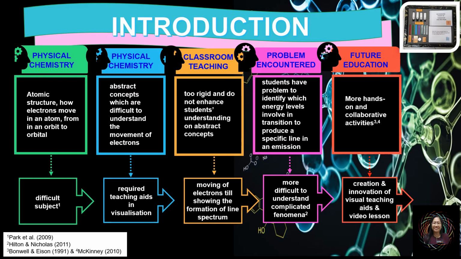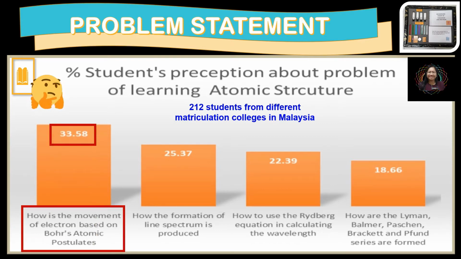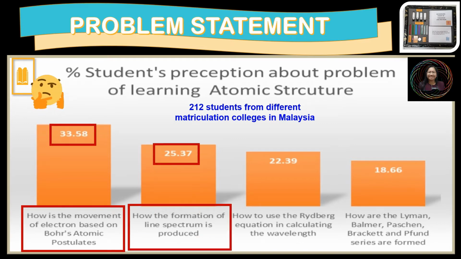A survey was conducted among 212 students from different matriculation colleges in Malaysia. From the analysis of the survey, 33.58% of students couldn't understand Bohr's atomic postulate, and 25.37% of students had problems comprehending how the line spectrum forms.